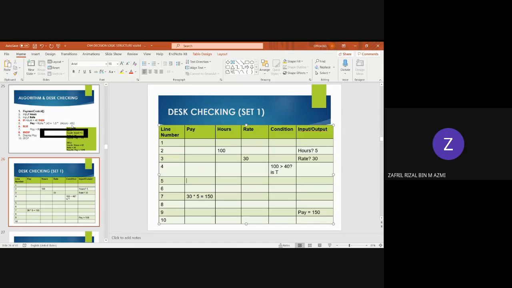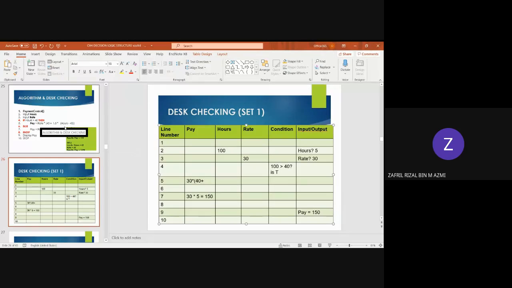What's the answer? I don't want to calculate. Maybe something like this. So rate is 30. So 30 times something like this, 40 plus. So you just take out this equation and fill in the variables with the real values.